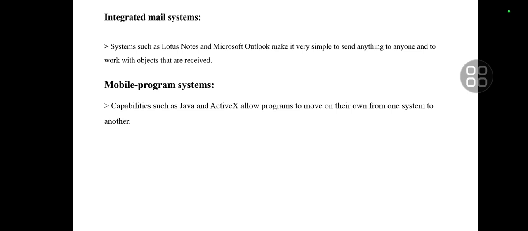Integrated mail systems, such as Lotus Notes and Microsoft Outlook, make it very simple to send anything to anyone and to work with objects that are received. And mobile program systems: capabilities such as Java and ActiveX allow programs to move on their own from one system to another.